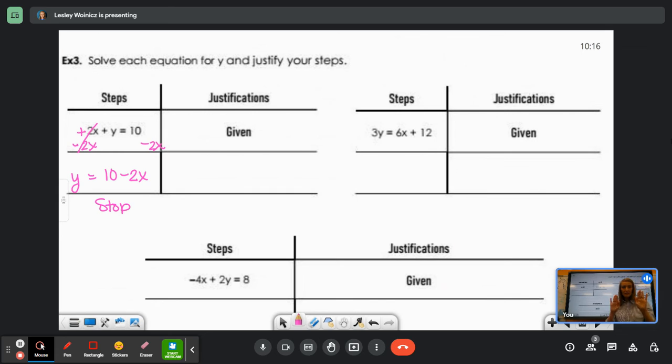Okay, I just write them next to each other, subtracting, but I cannot combine them. They do not combine. So we stop and do not combine. Okay, so the thing that allows me to subtract 2x from both sides is the subtraction property of equality.